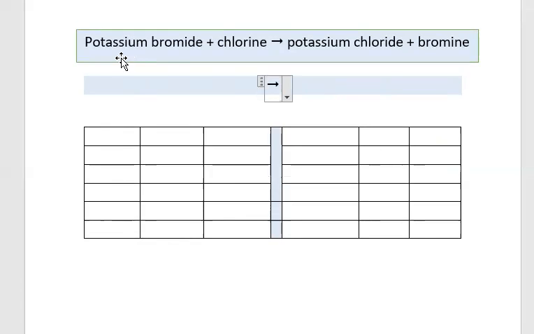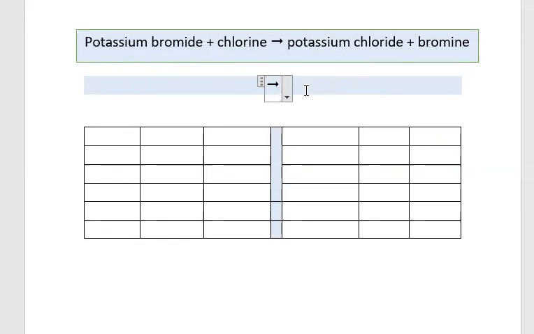Okay, let's do another one. Here we start with potassium bromide plus chlorine, which gives me potassium chloride plus bromine. All you need to do is form for me a chemical equation at the bottom. I want all of you to try doing that. Michael says PBC.